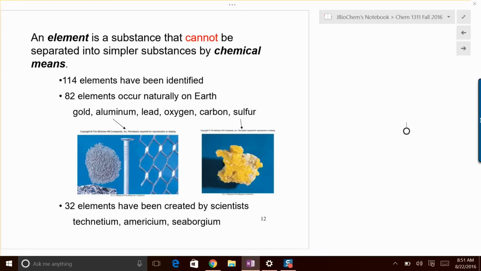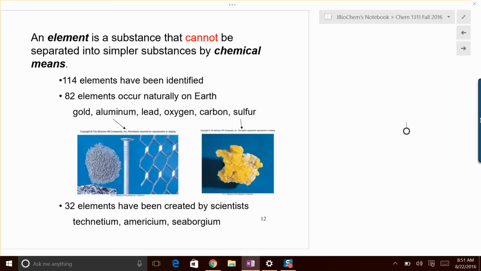Well, it's a little outdated. 114 elements. They've actually just discovered these ones. So they've kind of have to update the periodic tables and things now. But so there's more than that now. 82 elements occur naturally on Earth: gold, aluminum, lead, oxygen, carbon, sulfur.